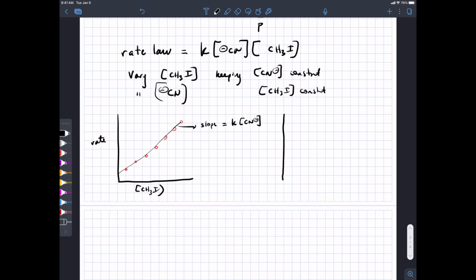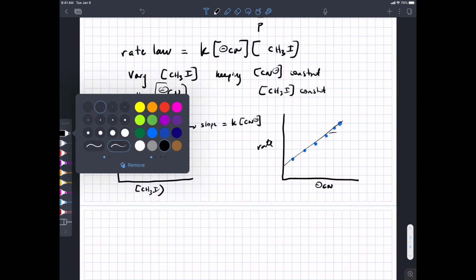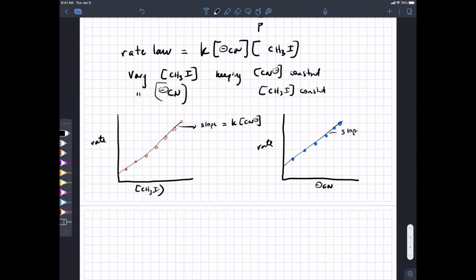Otherwise, we could, in parallel, change the concentration of CN minus, keeping the concentration of methyl iodide constant, and we would get some other linear relationship where the slope here would be equal to k times whatever the concentration of methyl iodide is.